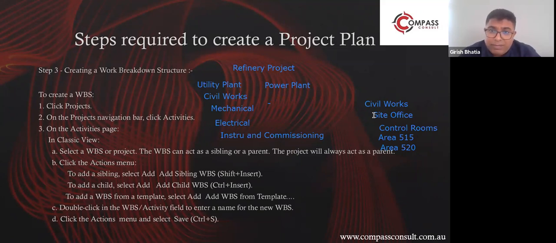It's always best to break down the last WBS as per the area, because what happens is when you do a 4D planning, you are going to do a 4D simulation, and all these 4D simulations are going to be your resources, your activities going with the object of the 3D plan.